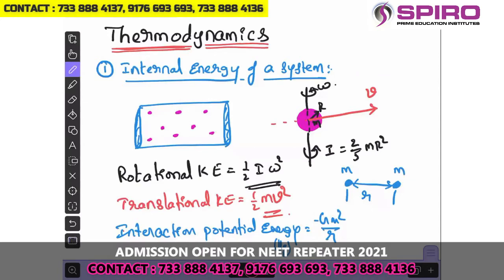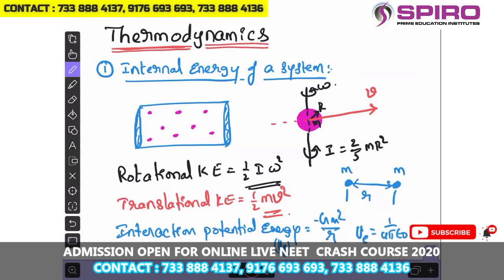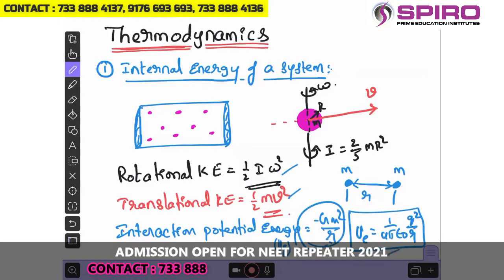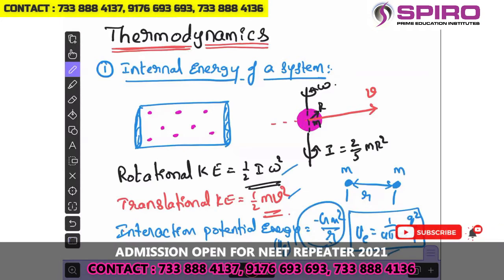The electrostatic interaction energy is given by 1 by 4 pi epsilon naught, if the charge is q, q square by r. This is the gravitational interaction energy, right? These are all the internal energies of the gas. One gas molecule possesses these many types of energies.